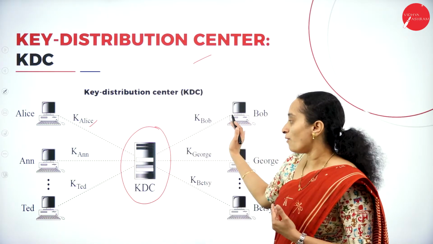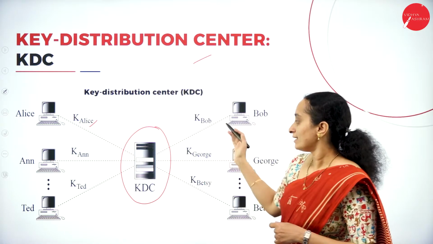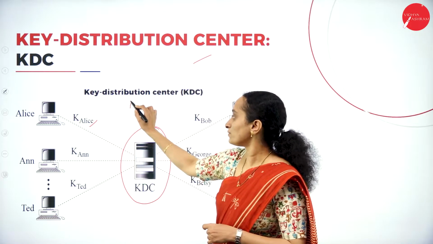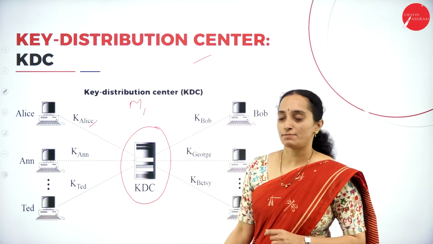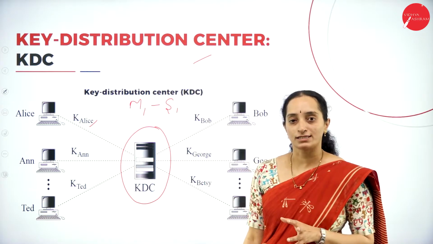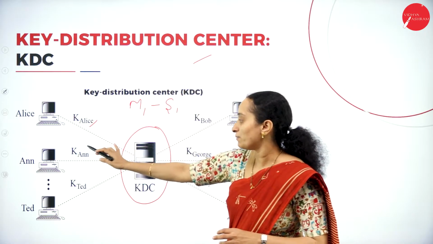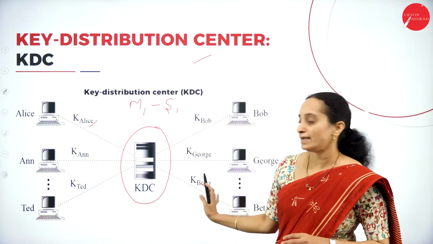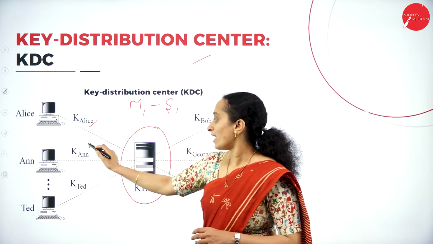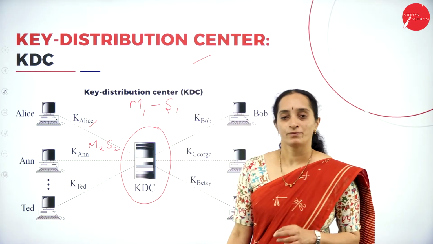If Bob agrees to accept the message, then the KDC creates a session. Suppose M1 is the message. For M1, a session is created between Alice and Bob. Suppose Anne wants to send a message to Betsy or George, it will have another message M2 and a session key S2.